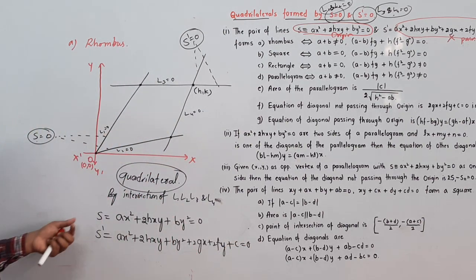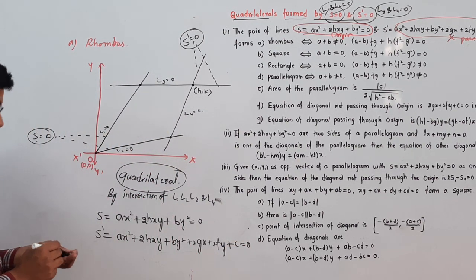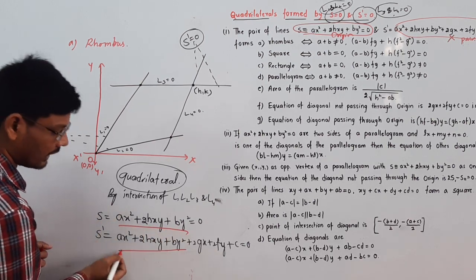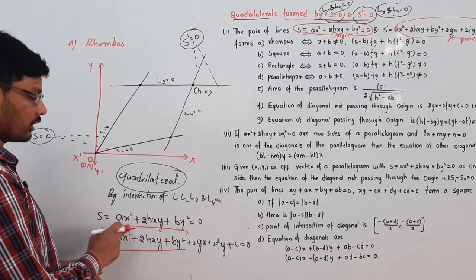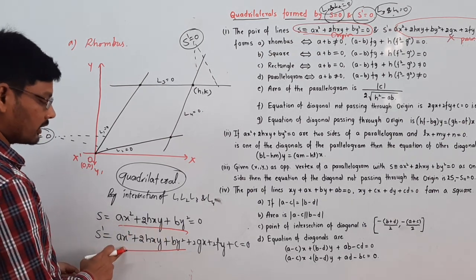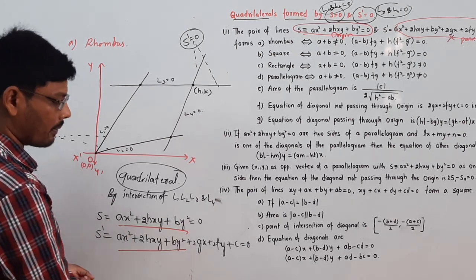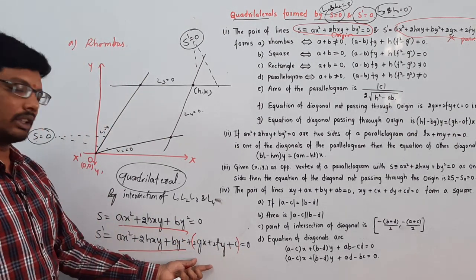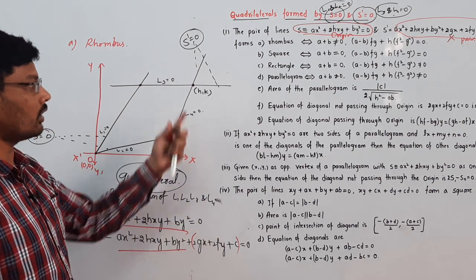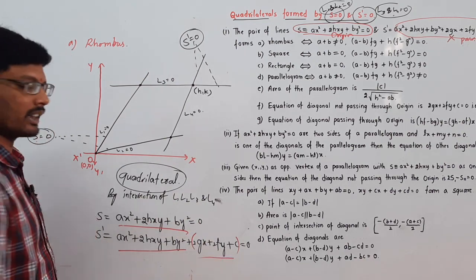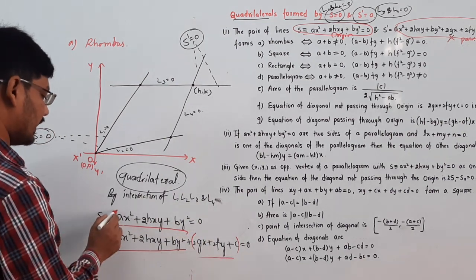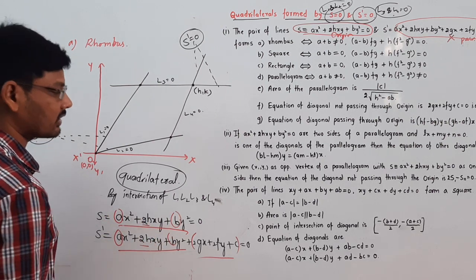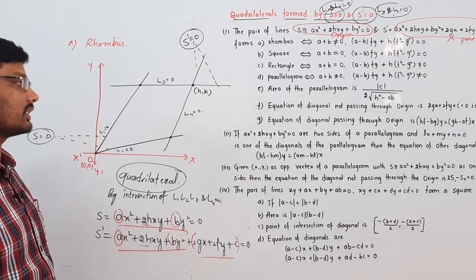If you compare these two equations, up to here both are the same, because ax square plus 2hxy plus by square is common for both. For the pair of straight lines not passing through origin, we get the extra part. Now a, b and h values are common for these two pairs of straight lines.